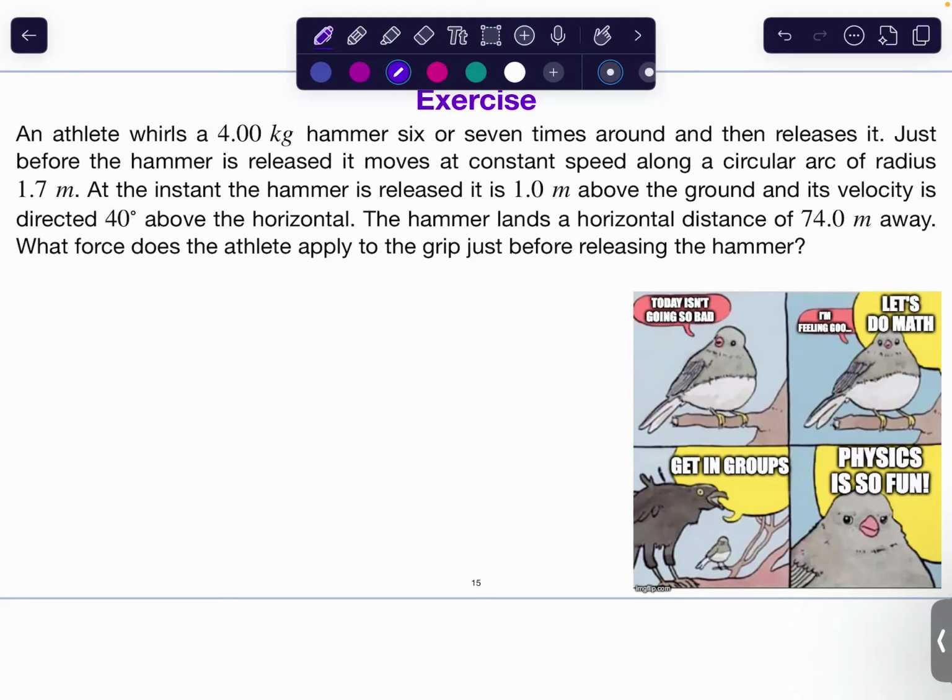Now, let's just look at the projectile part, okay?